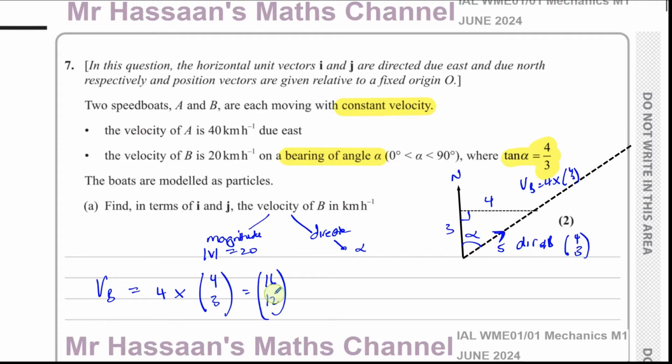That is a vector which has the same direction as the velocity of B, and the same magnitude of 20 kilometers per hour.